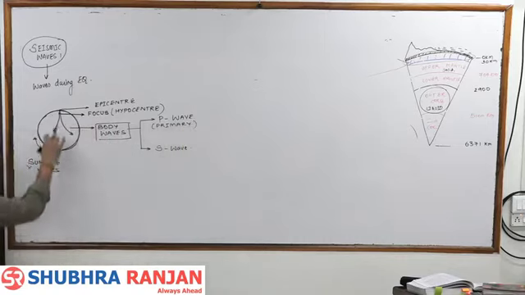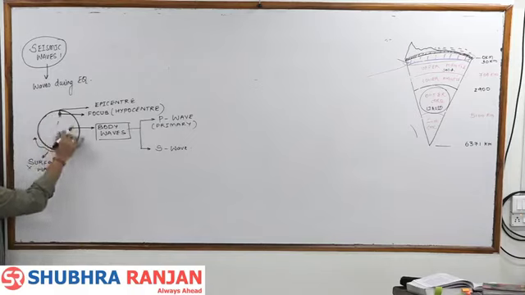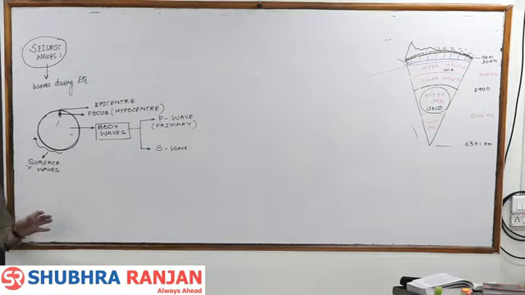Who will record it? When the earthquake is originating here, there are seismographs located at many places in the world. Each and every district has a seismograph in India. Maybe a seismograph is present even at the taluka place. Wherever the Geological Survey has an office or sub-center, or in the collectorate, you have seismographs.